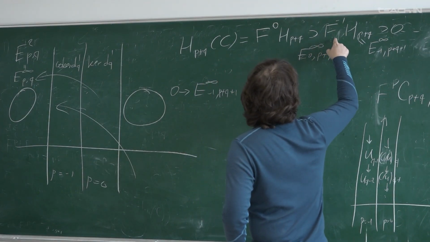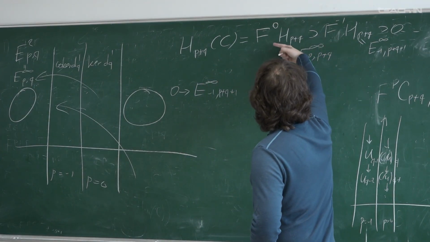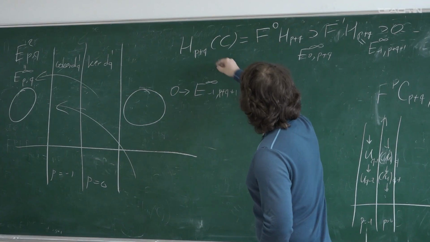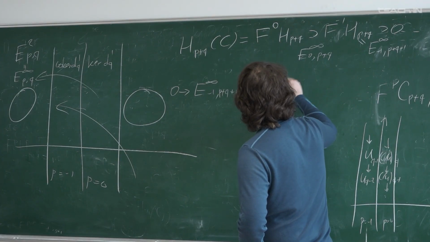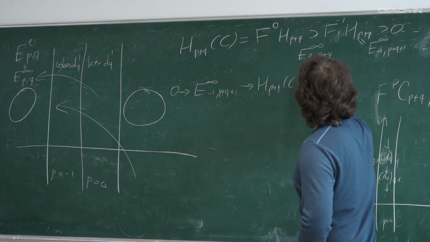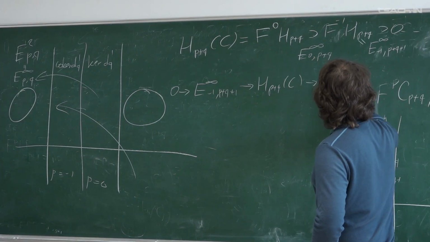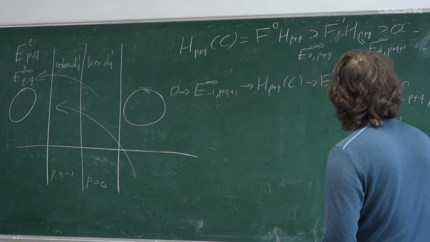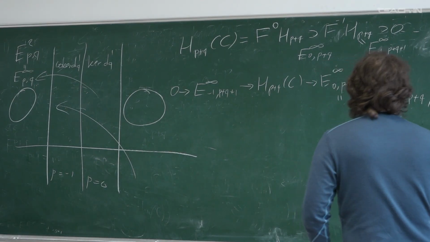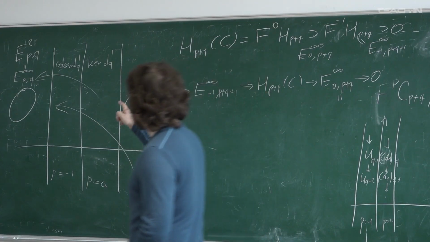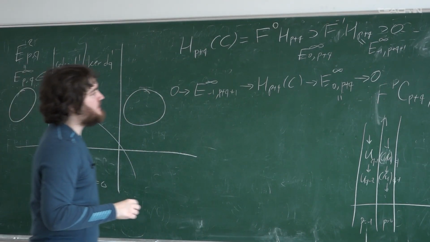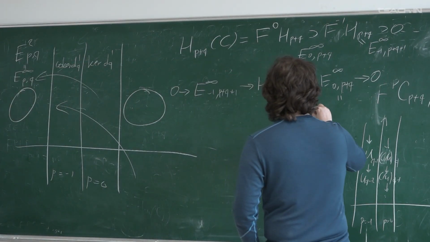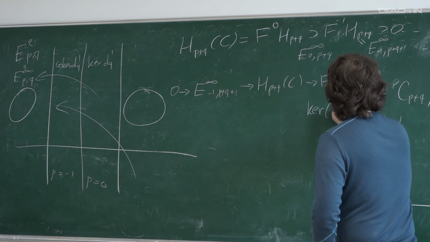It's the -1 filtration. It includes into the whole homology. And the quotient is this E infinity page 0, P plus Q. And here 0, it's the kernel of D1Q.